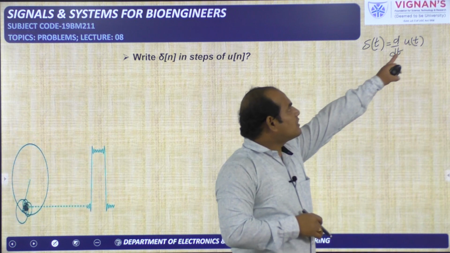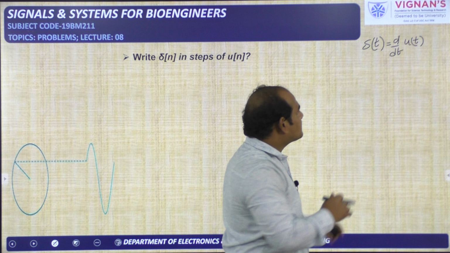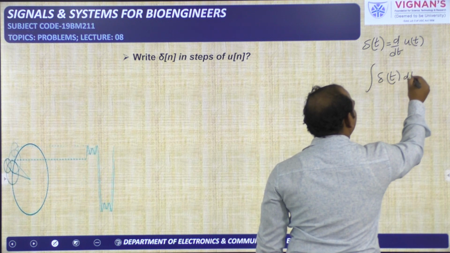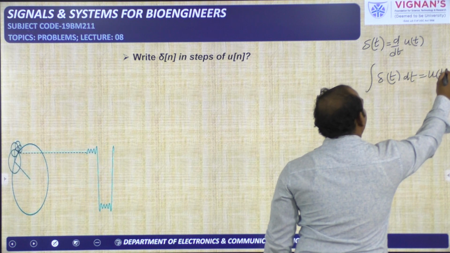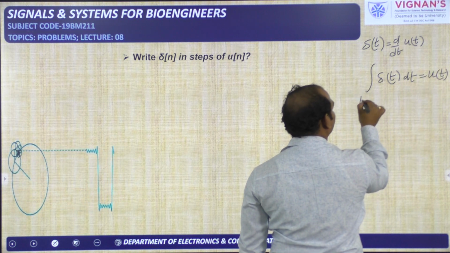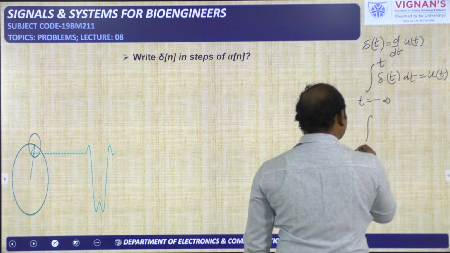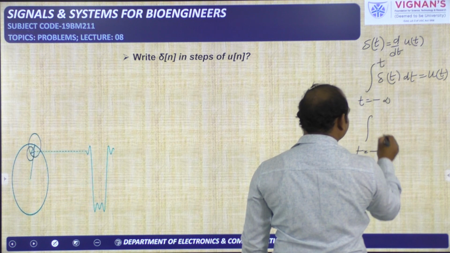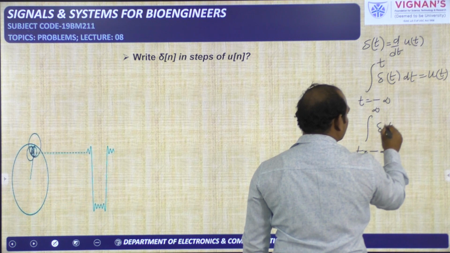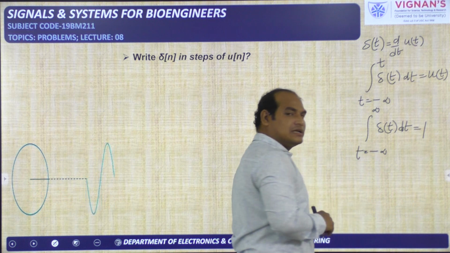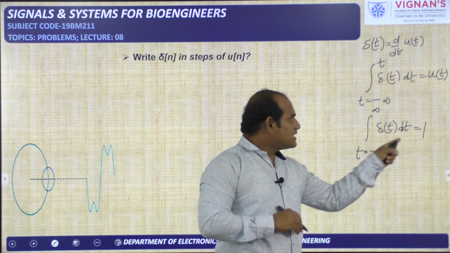The derivative of u of t is del of t, or the integration of del of t is u of t. You compulsorily have to show the limits here. You may be confused by this one. In the previous classes I have told many times that the area under the impulse signal will be equal to 1.